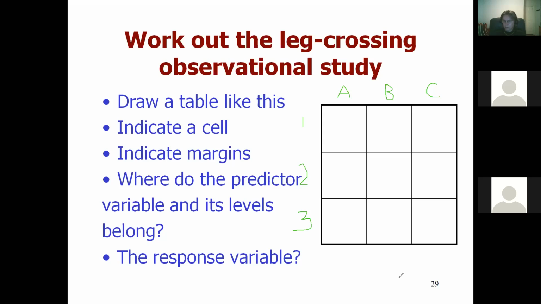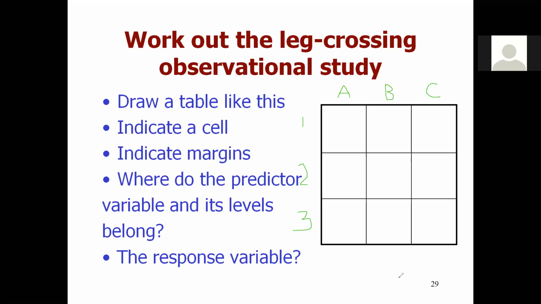Sajiro, another example of a cell. C1. Okay, good. So obviously you just combine the letter with the number, you get a cell. How many cells do we have in this table so far? Well, it's 3 by 3, 9.